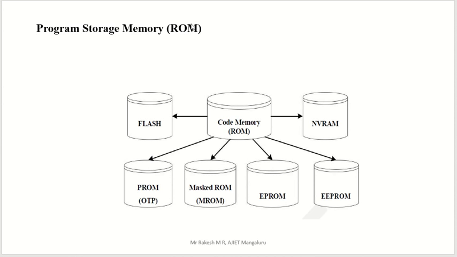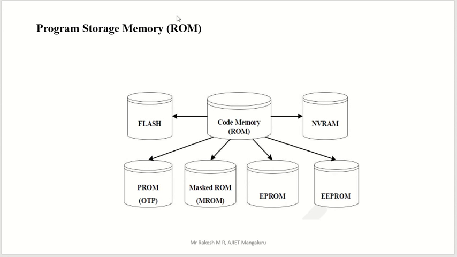In the ROM concept, this will retain the data or content after you switch off your device. So whatever data we save in ROM, we can call it permanent data.